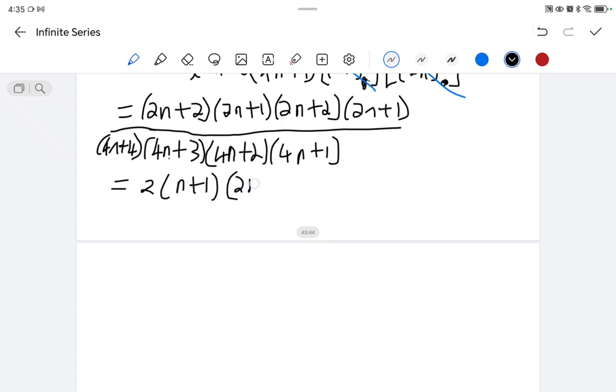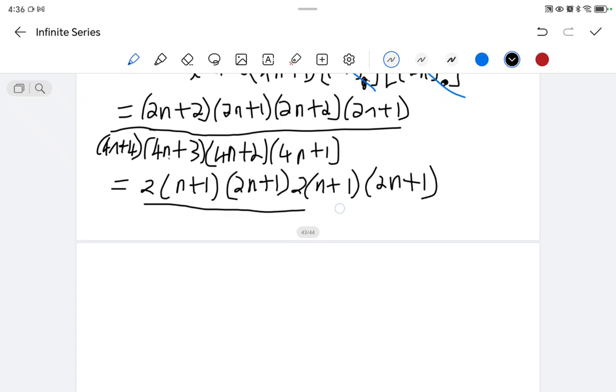Then this one, 2n plus 1, I'll also factor out 2n plus 1. So this 2n plus 1, I can square this, right? But it's fine. I'll just write here 2n plus 1.